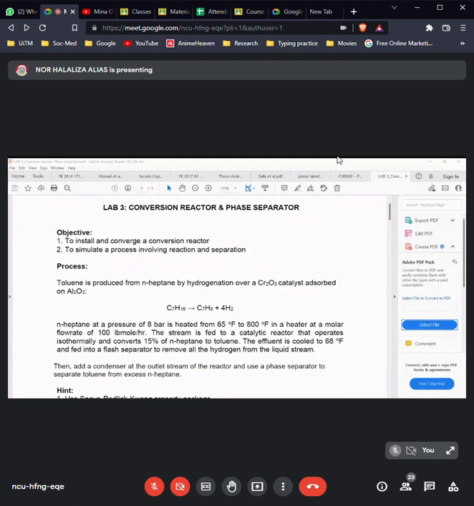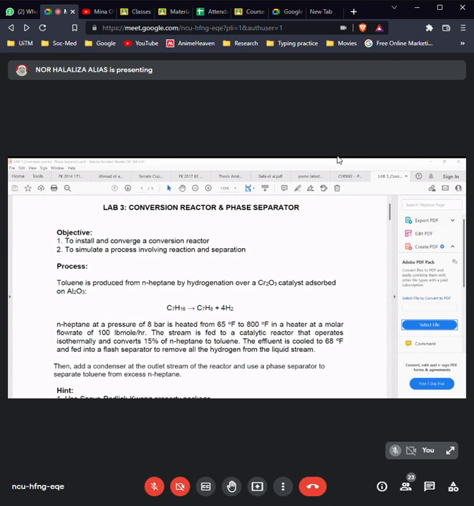Okay, so ini adalah salah satu contoh reactor because conversion reactor operation will not be the same as PFR reactor. Okay, so for this one, conversion reactor and phase separator, it means that in this lab we are going to combine, we are going to have two equipments. That is a reactor, the conversion reactor, and also the separator.